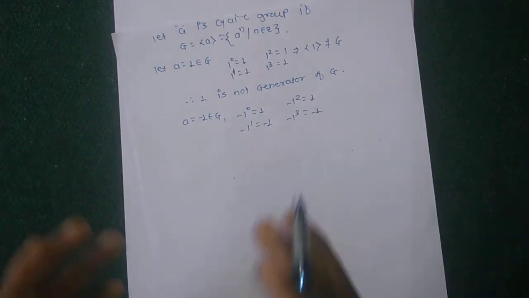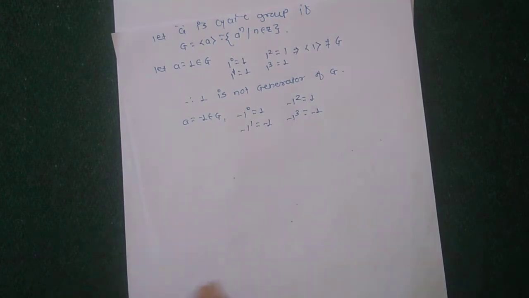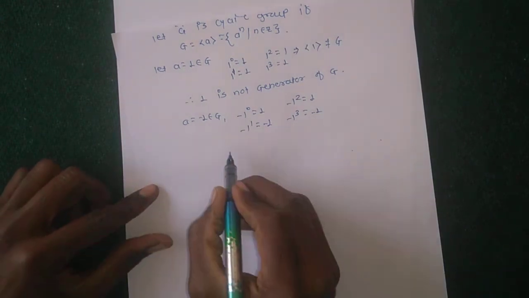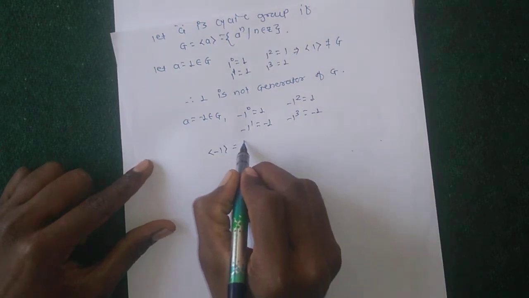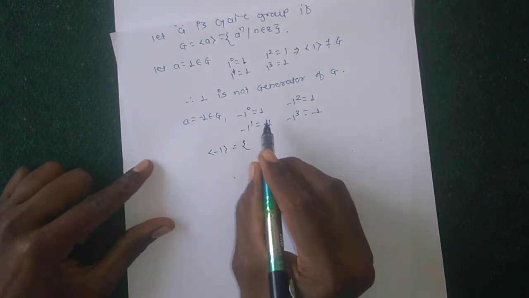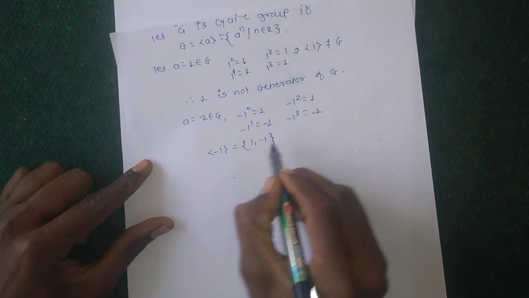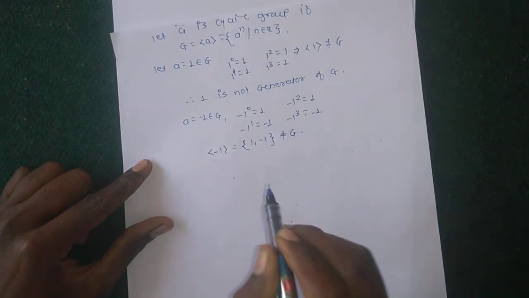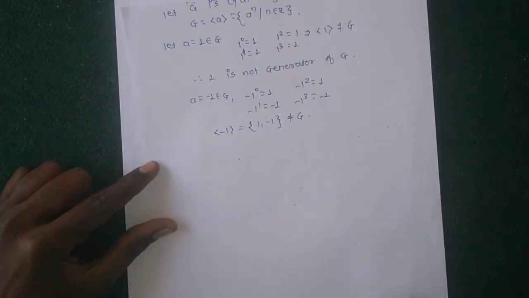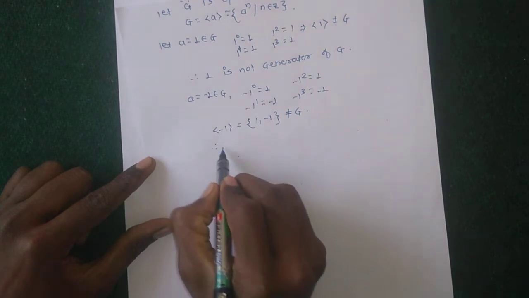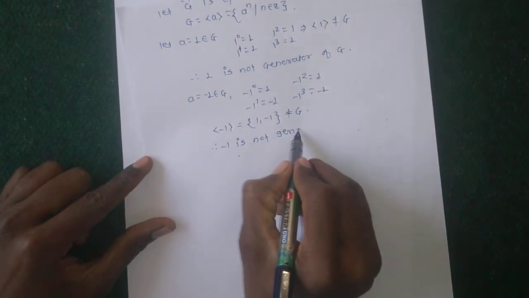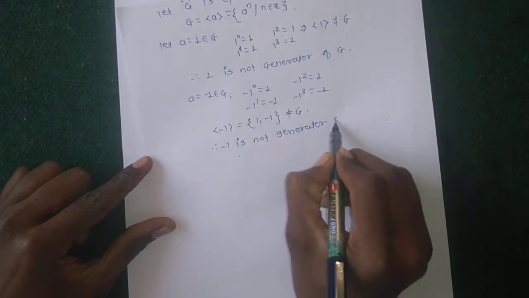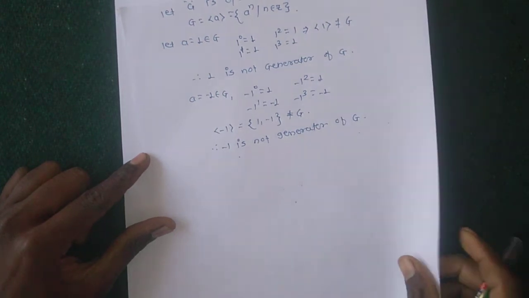The values repeat: 1, -1, 1, -1. So the group generated by -1 contains only the elements 1 and -1, and this is not equal to G. So -1 is not a generator of G.